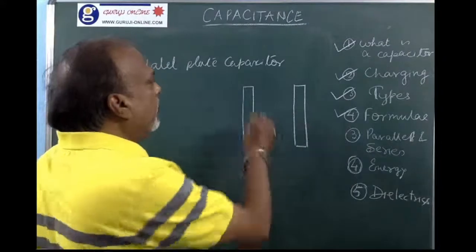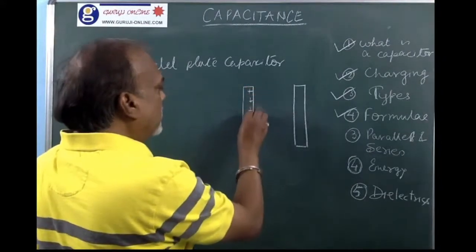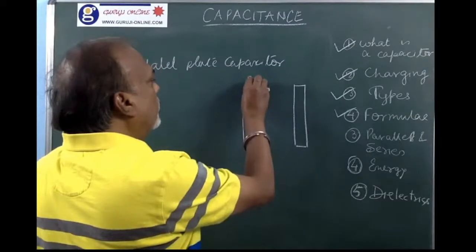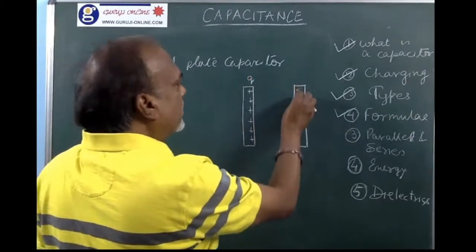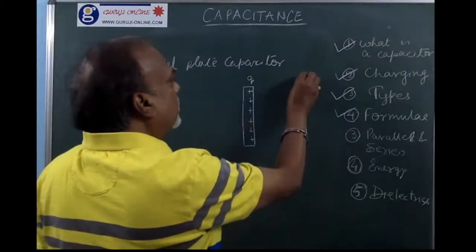Correct? Here positive charge Q, negative charge minus Q.